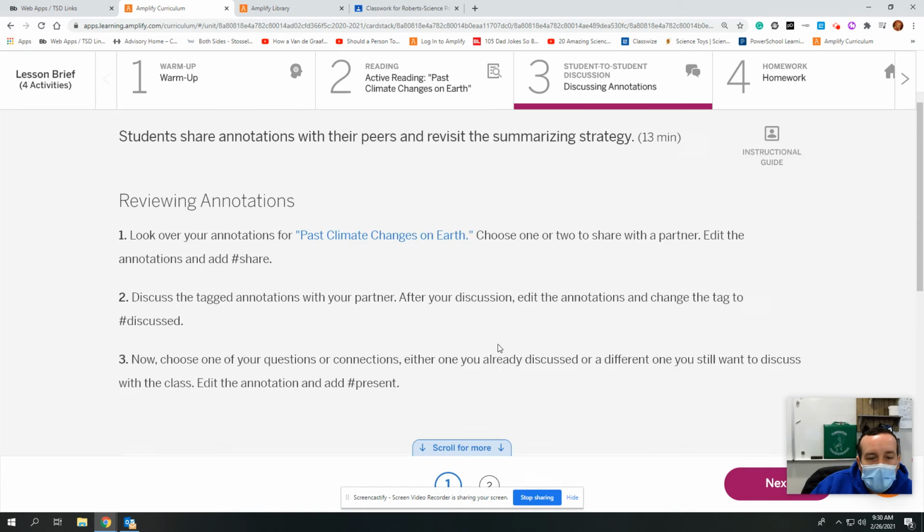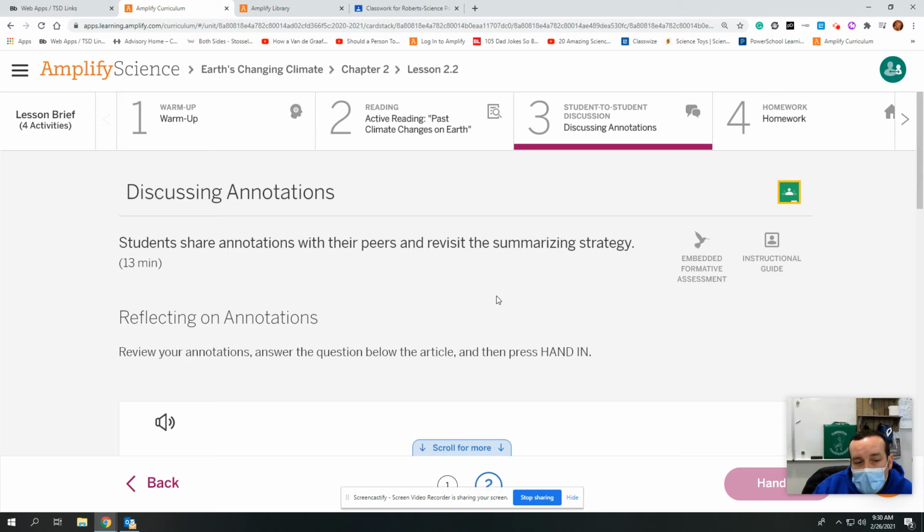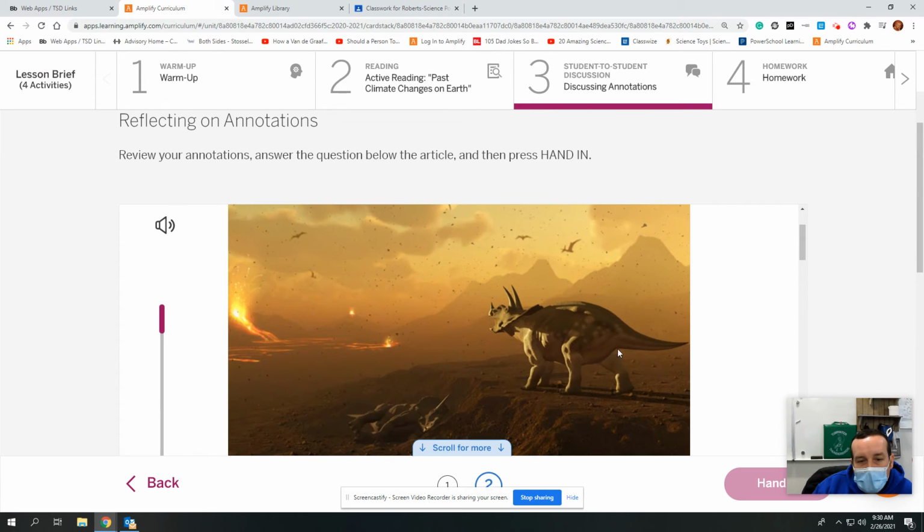So here's where we would do our discussion and our annotations. We're going to skip that part. I just want to point out that it is very fascinating that the climate has changed many times without human action. However, when we're looking at these time scales, we could say, yeah, it's been hotter before, it's been colder before.